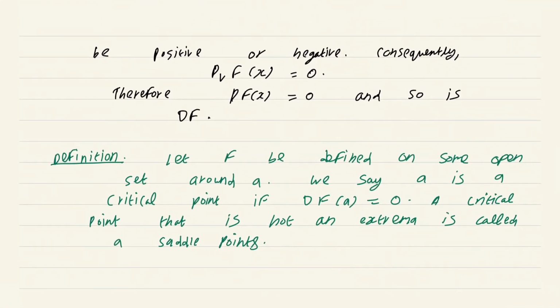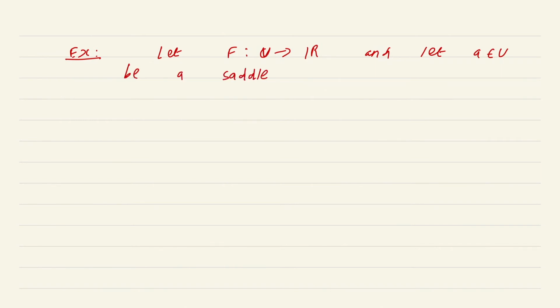Now, how do you characterize these saddle points? Well, the next exercise that is left for you does it for you. It's rather a straightforward unwinding of the definition. Let f from some U to R, and let A in U be a saddle point. So this is a point which is neither a local maximum nor a local minimum.